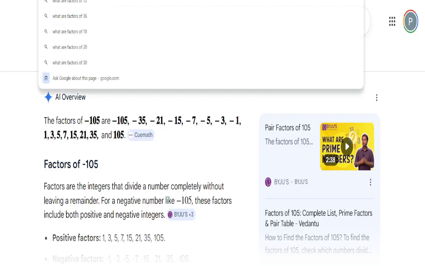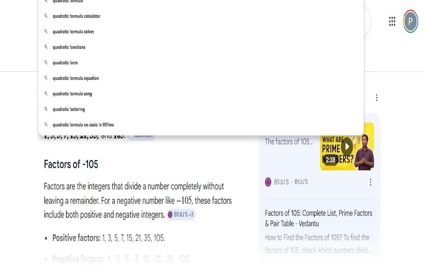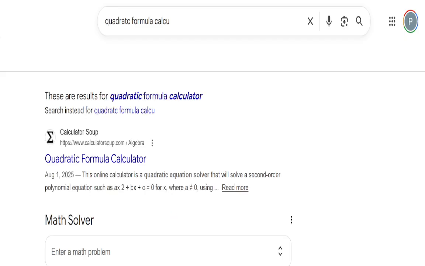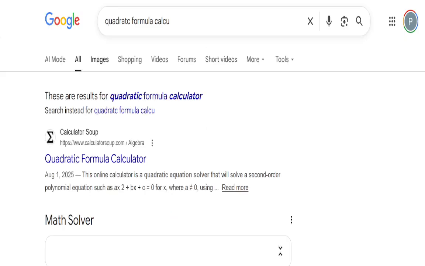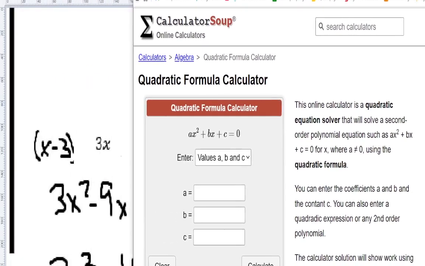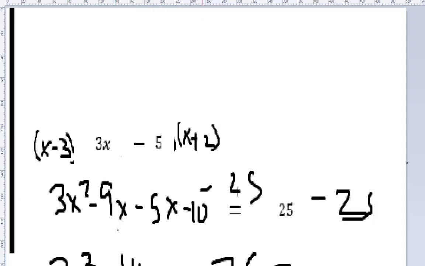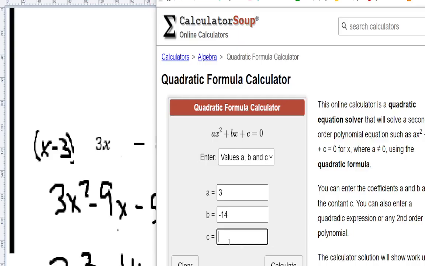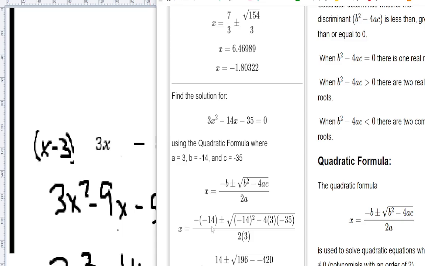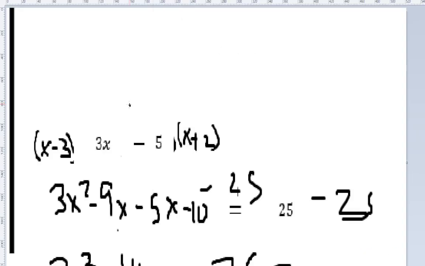Or you can always look up a quadratic formula calculator. I like the Calculator Soup one. And you punch in your values of A, 3, B, minus 14, C, minus 35, and hit calculate. And yeah, it's not an easy answer. There is a chance I made a calculation error, but it looks about right.